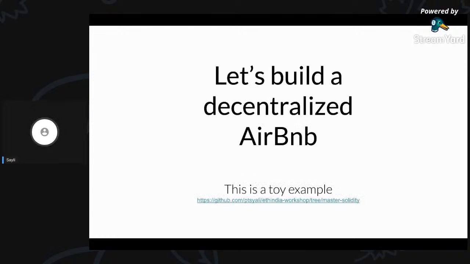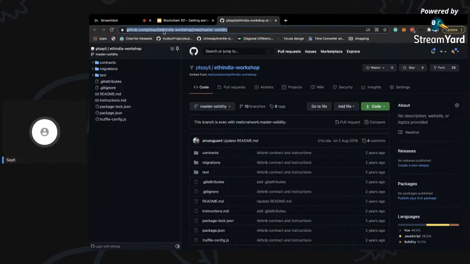Okay, then it's time to code. Let's directly start with the code. So here is a GitHub repository. You can clone this GitHub repository and make sure you are on the master Solidity branch.